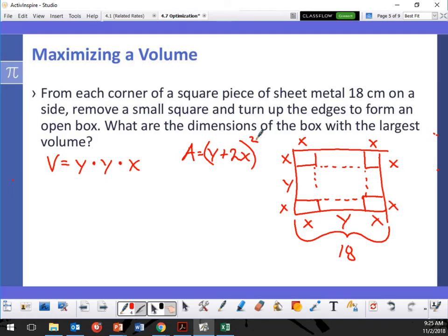That would be the whole area, right? And I know that the whole area is equal to 18 squared, right? So couldn't I say that it would be 18 minus 2x?